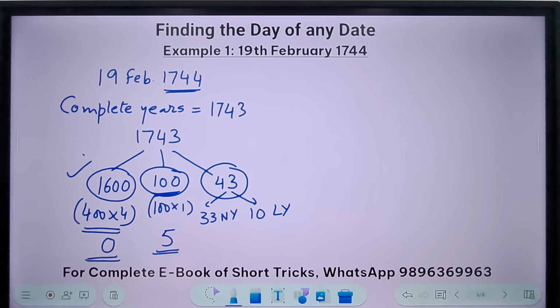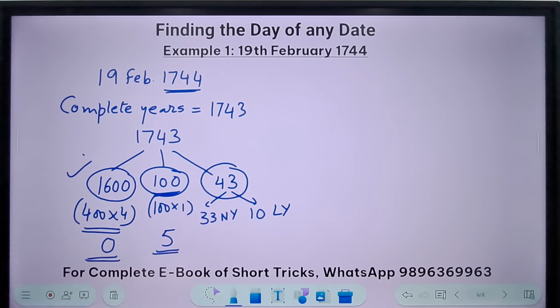For finding the total number of odd days in January, 31 divided by 7 gives you 3. So 3 odd days in January, and in 19 days, 19 divided by 7 gives you a quotient of 2. 7 2s are 14. So you have 5 as the remainder here. So 3 plus 5, 8 odd days in the incomplete year.